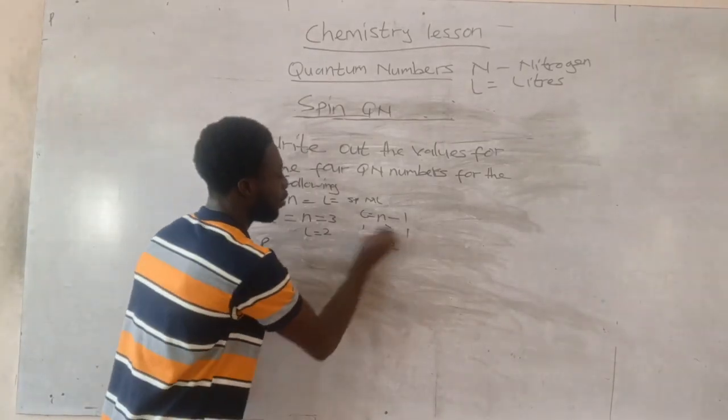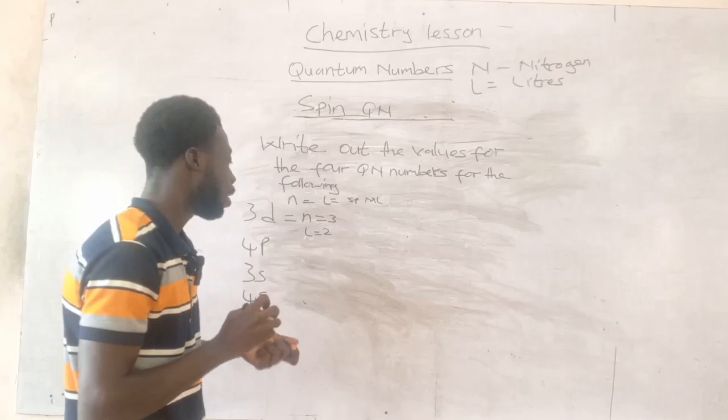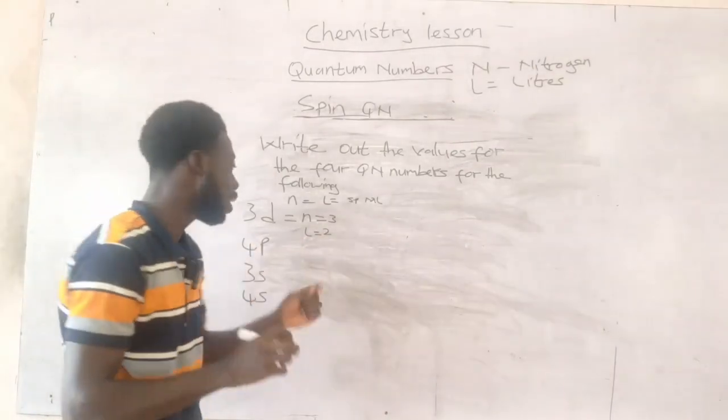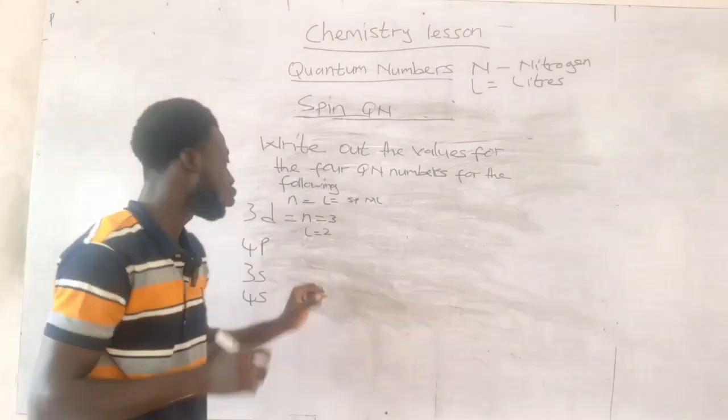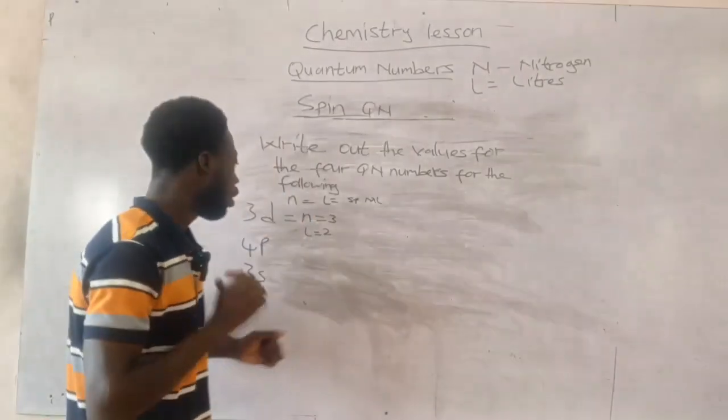Now, what is our magnetic quantum number here? For you to know the magnetic quantum number, first you have to get the azimuthal quantum number. Our azimuthal quantum number here is L equal to 2, so we use it to solve the magnetic quantum number.